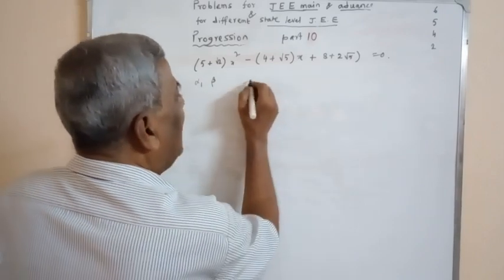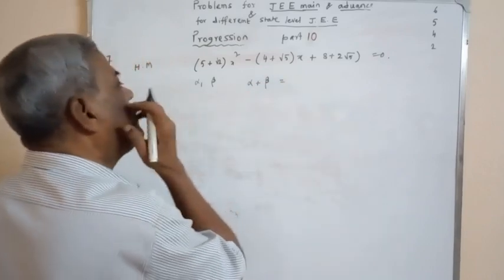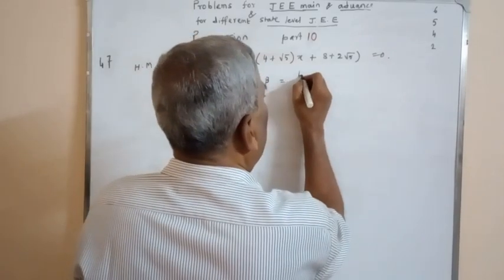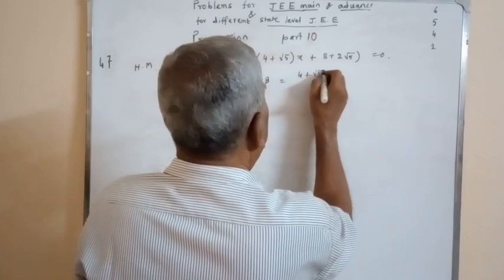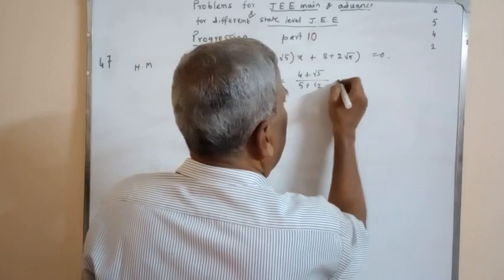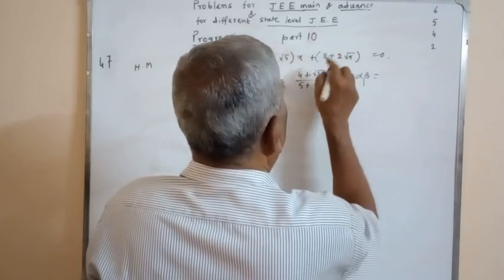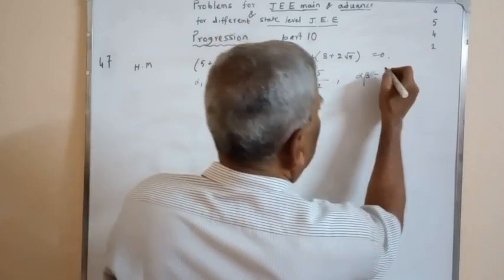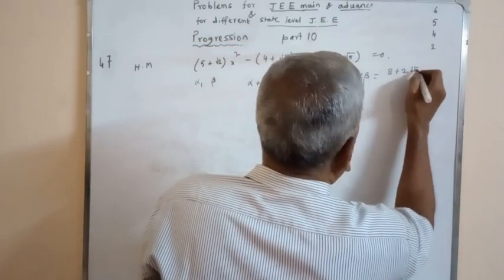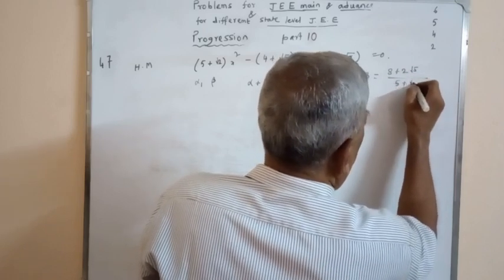So we have to find the harmonic mean of alpha and beta. So alpha plus beta, sum of the roots is equal to minus b by a, that is 4 plus root 5 by 5 plus root 2, and alpha beta is equal to this by that, so 8 plus 2 root 5 by 5 plus root 2.